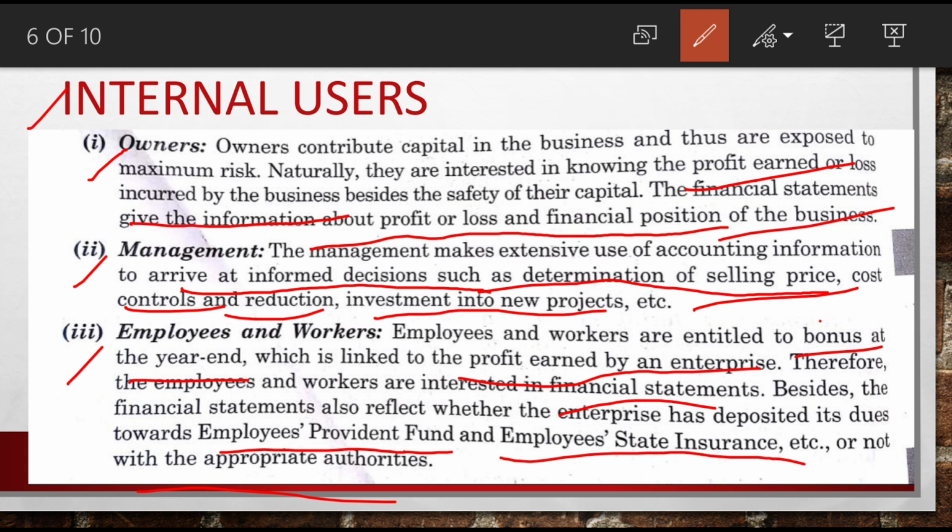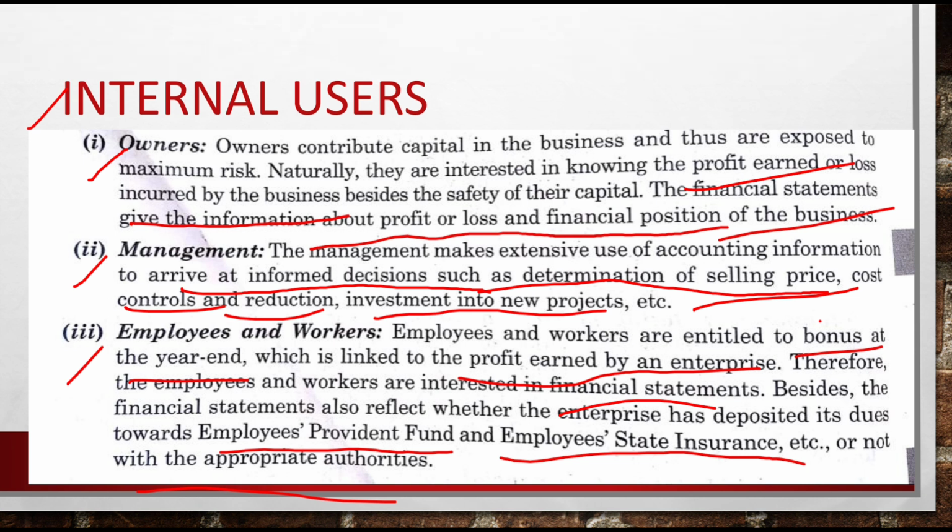If the business is earning high profit, then only they can give this type of benefit to the employees. So they are also interested in this information. So, three internal users: owners, management, and employees and workers.